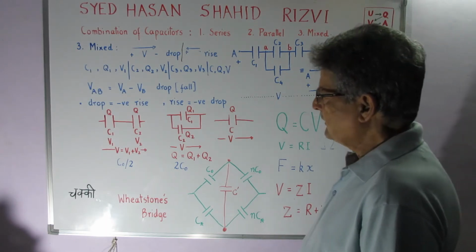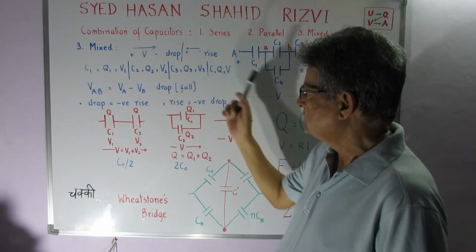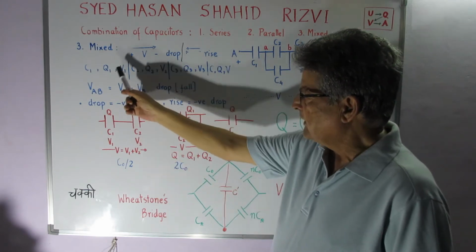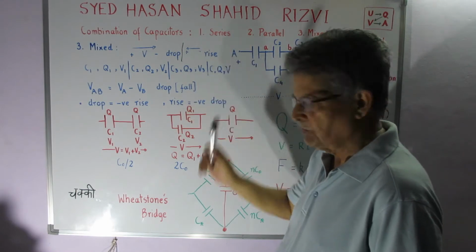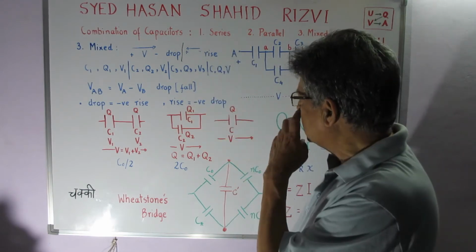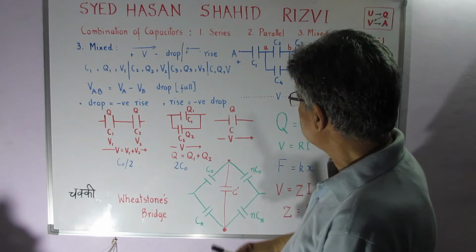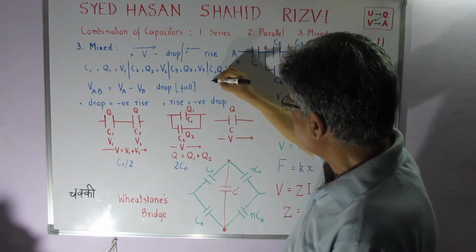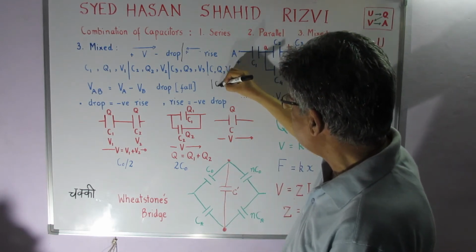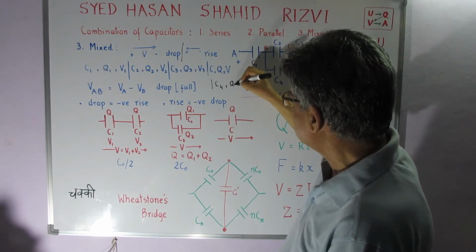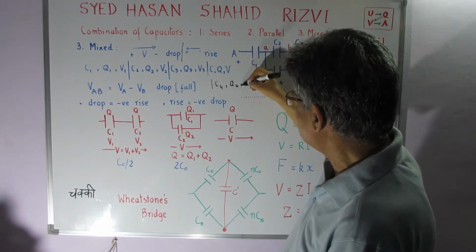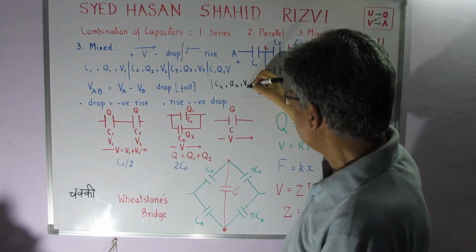So there I write in these compartments the values related with C1, C2, C3 and C4. Oh, sorry, I should have written C4 also. So I should have written C4, Q4 and V4. Okay, like that.